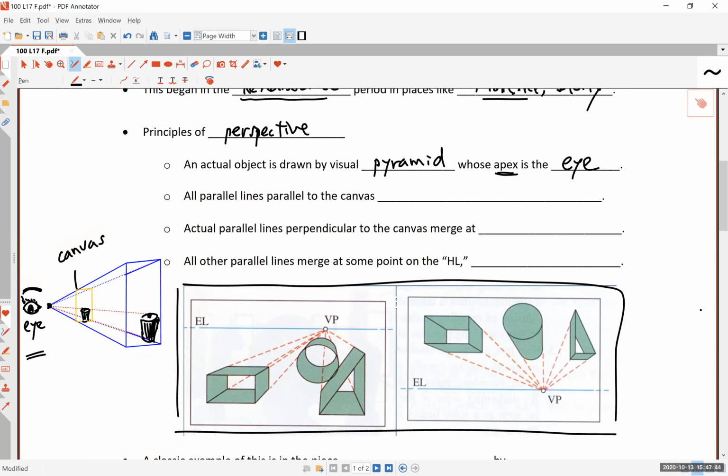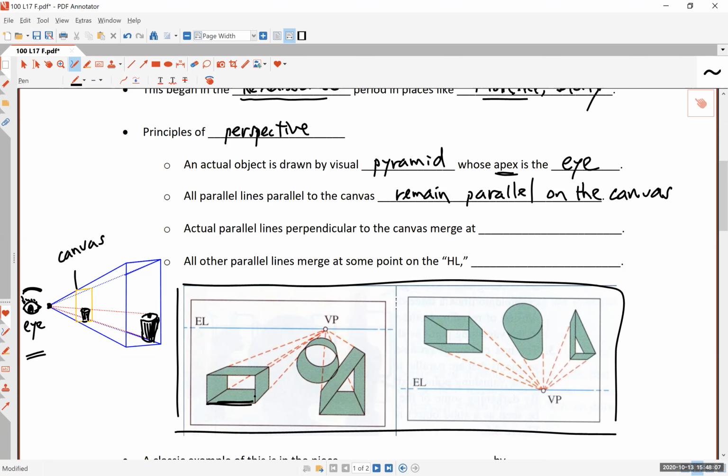All right, so all lines parallel to the canvas will remain parallel on the canvas. So what am I talking about? Imagine you have this type of a box here, right?